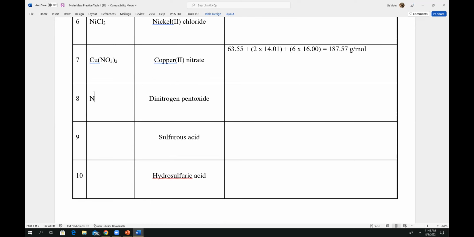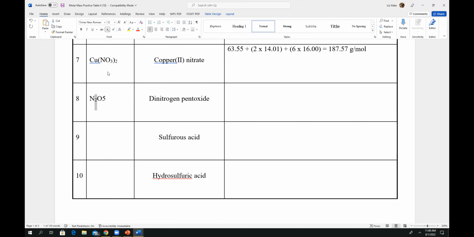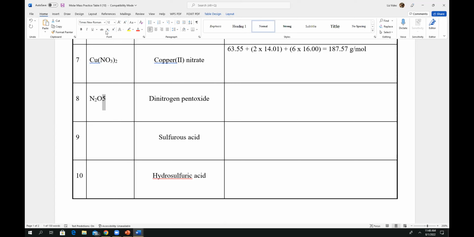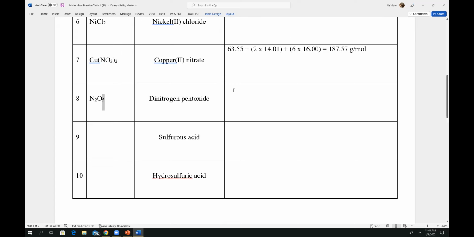So, N2O5. It's not that O, it's O5. All right. So once again, we have 2 nitrogens and 5 oxygens. So you just put that to the side, and say 2 nitrogens.